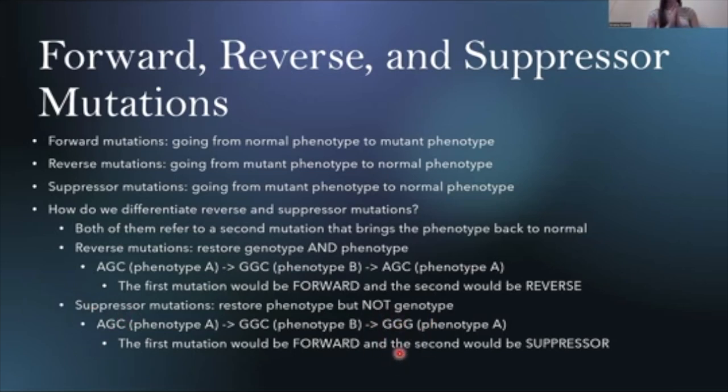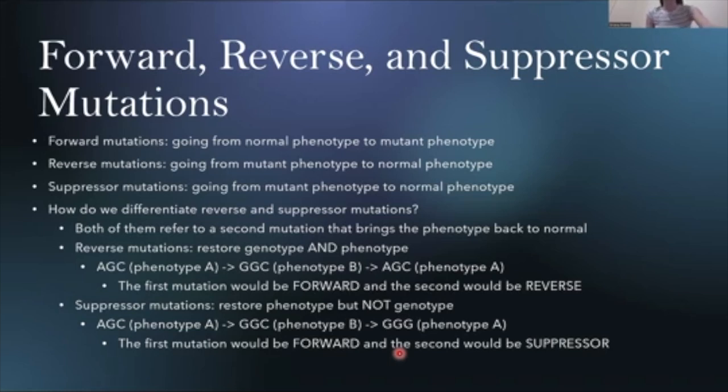So we did not restore genotype. We had AGC to GGG. That's a different genotype, although we went back to the normal phenotype. So in this case, that first mutation would still be a forward mutation, but the second one is suppressor because genotype did not also go back to the normal. The genotype is still mutant.